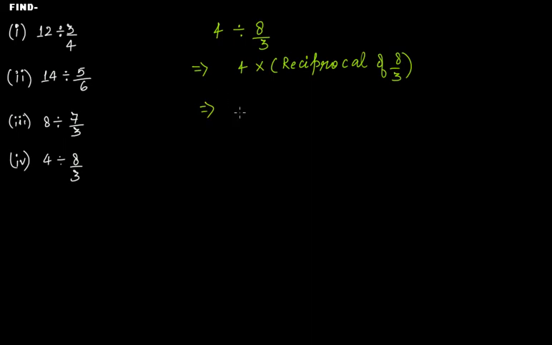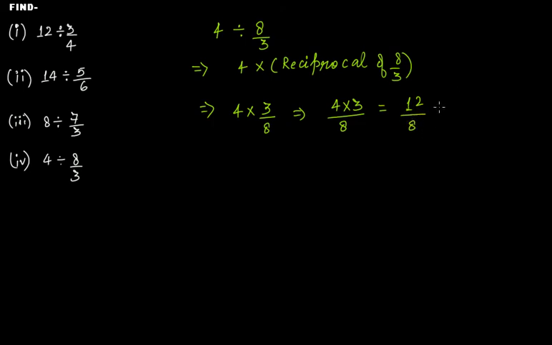So this will be 4 times 3 over 8. The reciprocal of 8 over 3 will be: 3 is the denominator, make it the numerator, and 8 is the numerator in this fraction, make it the denominator. Then 4 times 3 divided by 8, this is 12, and this will be 8.